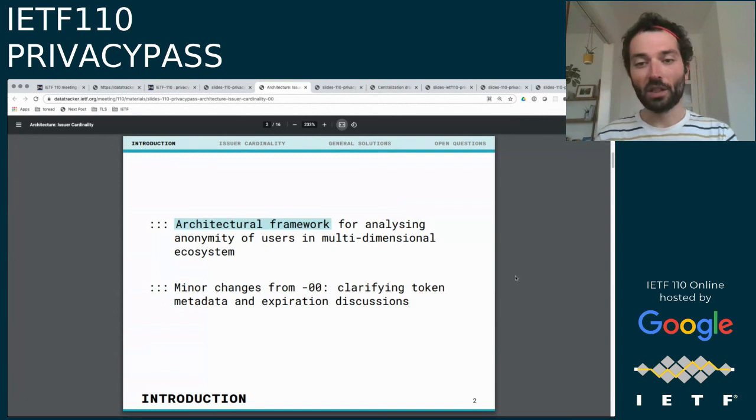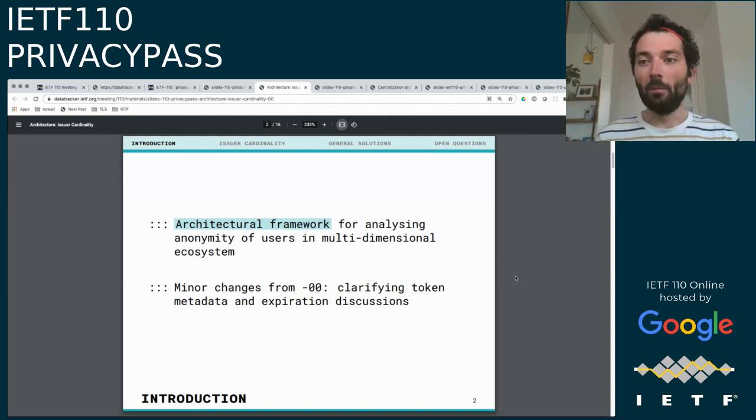So just as a general overview, if you're not familiar with the document, it provides an architectural framework for analyzing how we build privacy-preserving ecosystems around the Privacy Pass protocol. And I say that because the unlinkability requirement, which is that client issuances and client redemptions cannot be linked, is determined by the ecosystem in which the protocol exists, rather than it just being a cryptographic property of the protocol itself.